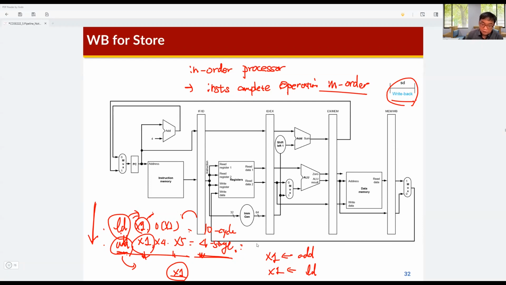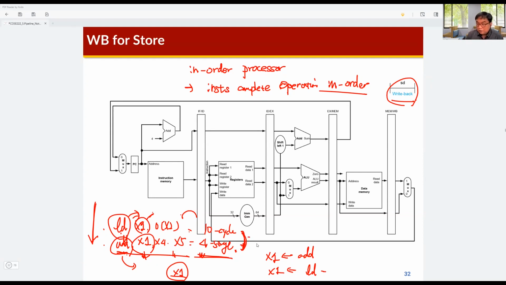But if the add instruction completes earlier than the load instruction, then x1 may have the result of the load instruction after completing these instructions. Okay, that's the problem of out of order processing. We need to avoid this situation, because if the order is changed, then an incorrect result will be generated by the instructions.